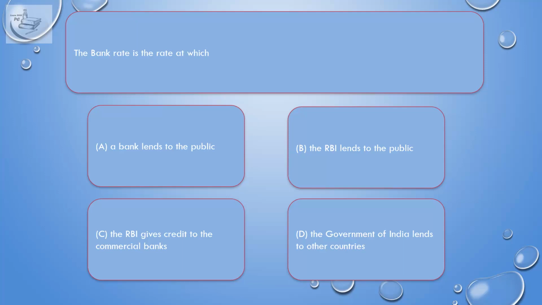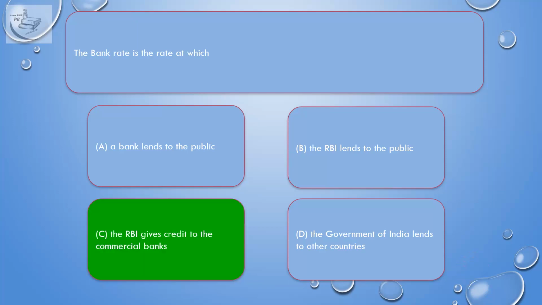Question: The bank rate is the rate at which A. a bank lends to the public. B. the RBI lends to the public. C. the RBI gives credit to the commercial banks. D. the Government of India lends to other countries. Correct answer is C. the RBI gives credit to the commercial banks.